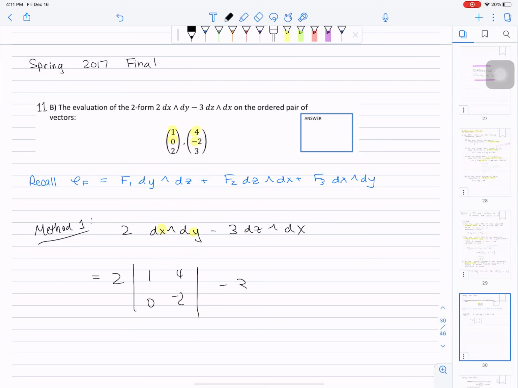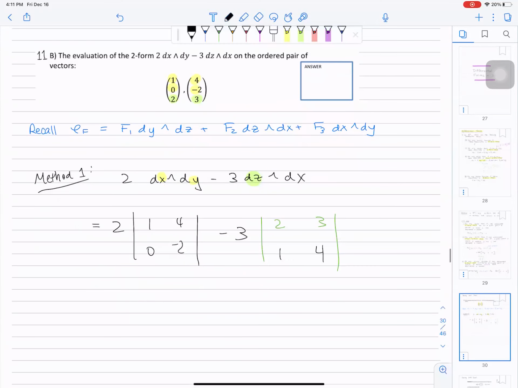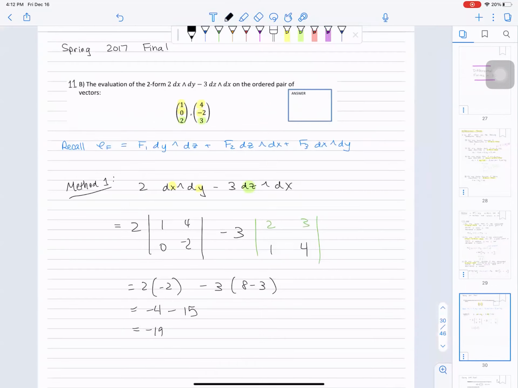Then I subtract 3 times the determinant of the z and x components. What are the z components? Those are 2 and 3. What are my x components? Those are 1 and 4. And so I get 2 times -2 minus 0 times -3 times 8 minus 3. That's -4 minus 15, or -19.